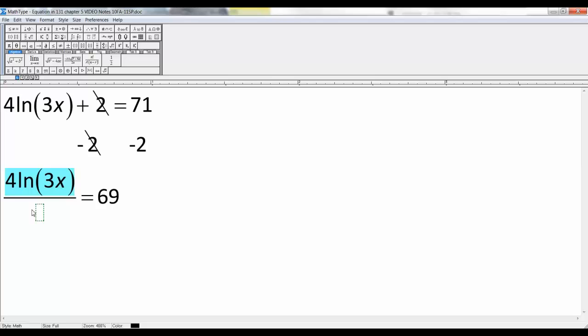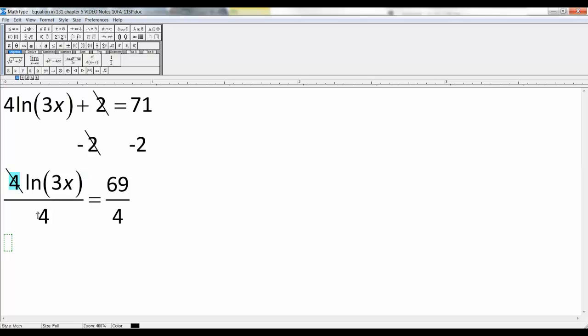So what you want to do is divide by 4. You want to get that logarithm as plain as can be. So 4 divided by 4, and the reason you can do that is because 4 divided by 4 makes 1.